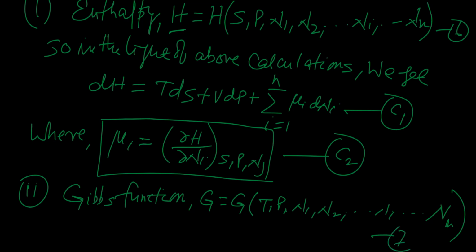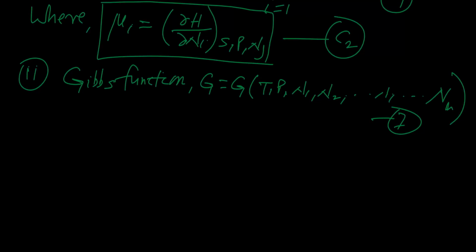Making the calculation in a similar manner, what result will be found in this case? So I am just writing, we can find dG will be equal to minus S dT.